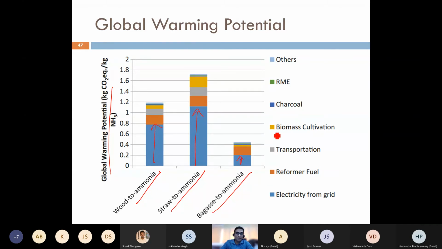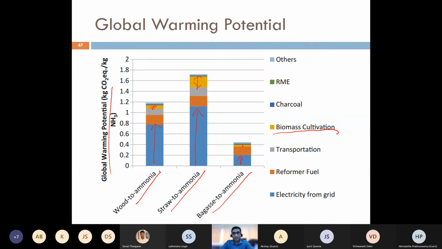Take the example of biomass cultivation. In Australia, it's somewhere in between, or similar to Brazil. In India, it is very high. The reason is we are using much more fertilizers and pesticides than is needed in our crop production or straw production, and this invariably adds to the LCA of straw as well.